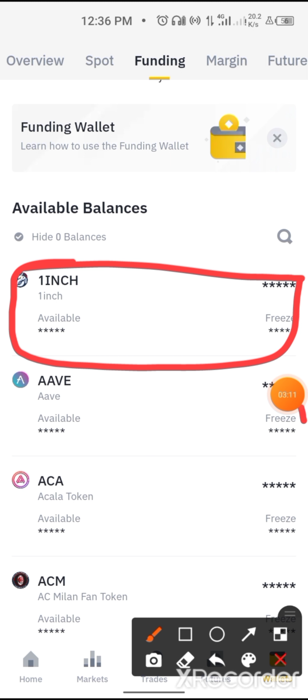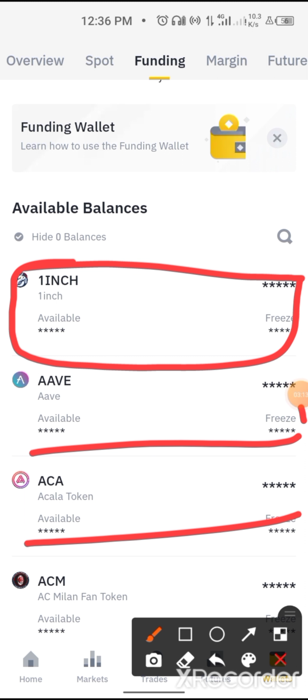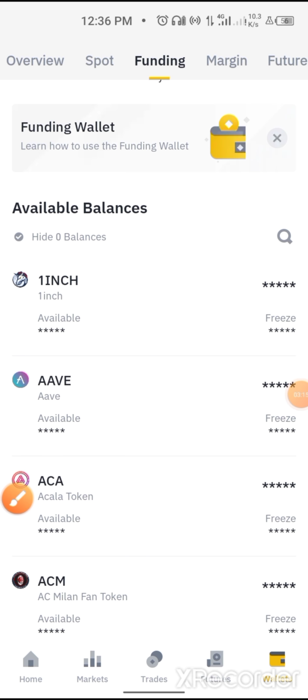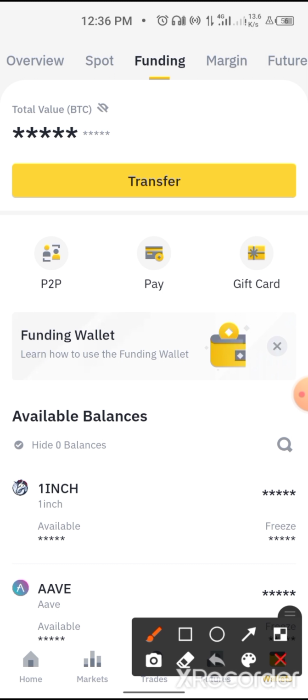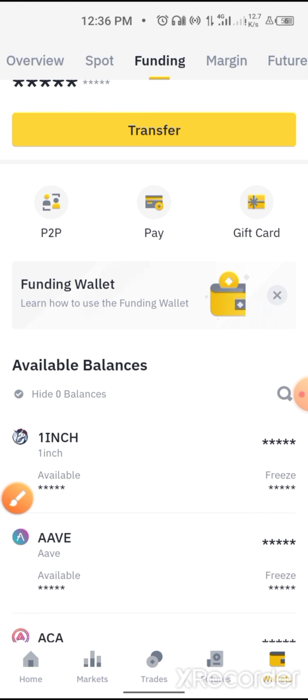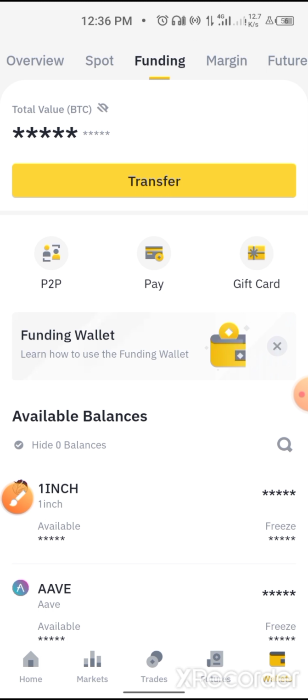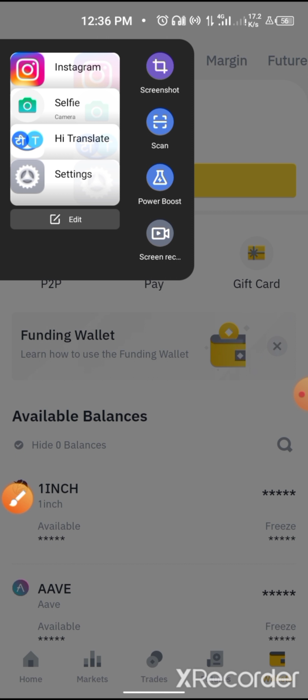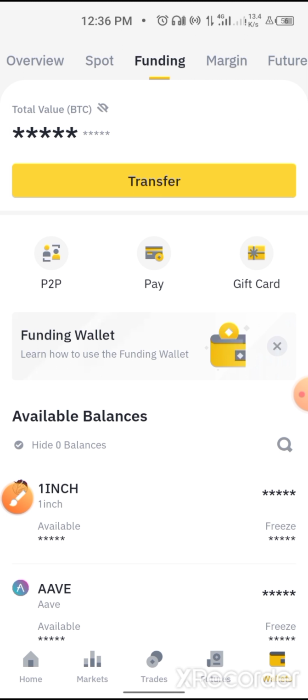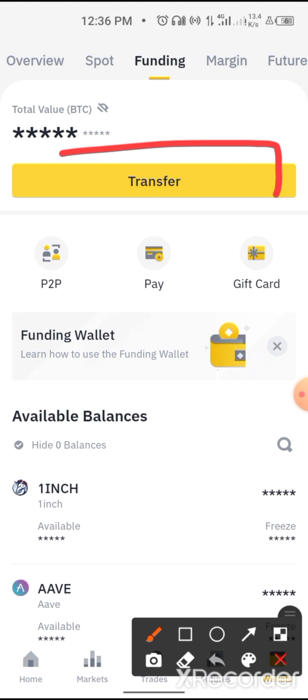Whether you bought AVE, ACA, ACM, and so on, they are going to reflect here. Now, for you to be able to trade them, you need to transfer them. So you go straight up and click on transfer.